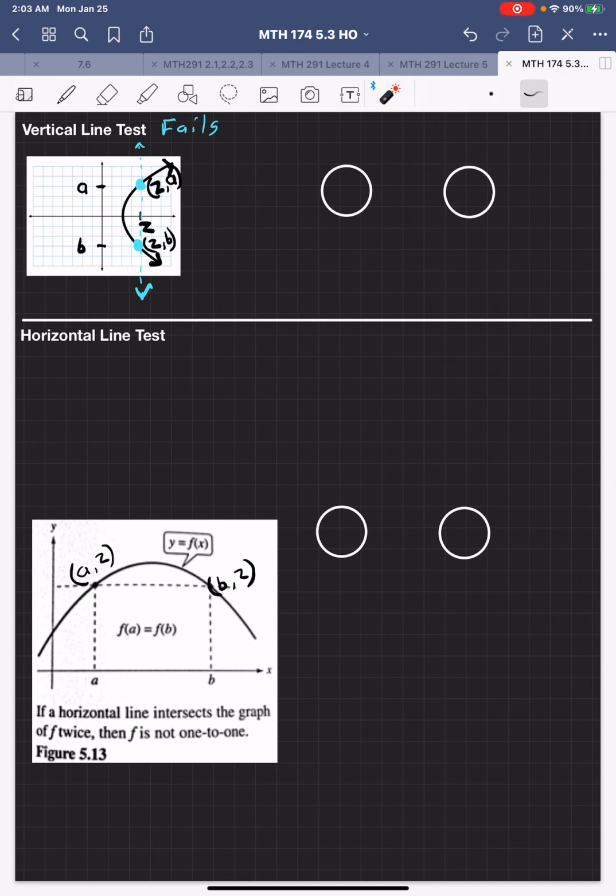So what's happening here is that you have an input of z, and that same input is mapping to 2 different outputs. That would be like if you put some change into a soda machine and hit Coca-Cola, and then you could get Coca-Cola or you could get Mountain Dew, right?